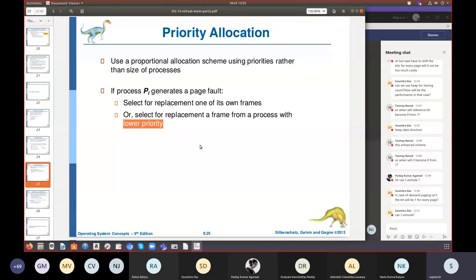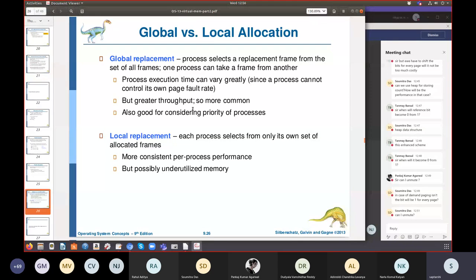So here that comes to an interesting question. Global versus local allocation. The question is this. Suppose a particular process, say PI, has a page fault. So it needs a new page, and let's say one page has to be replaced. Which page can be replaced? Does it have to be a page of that same process for which a new page is needed?